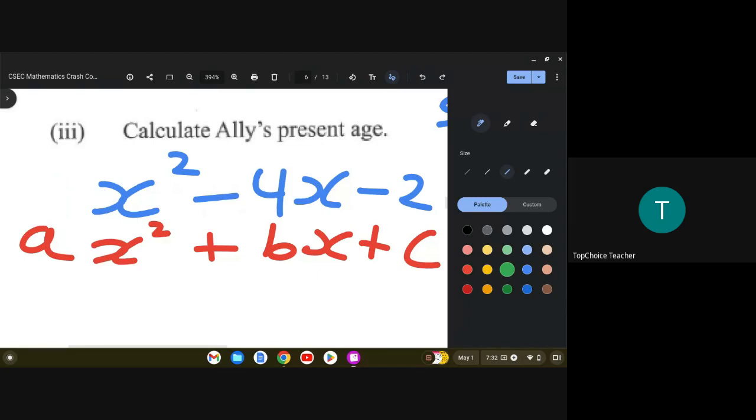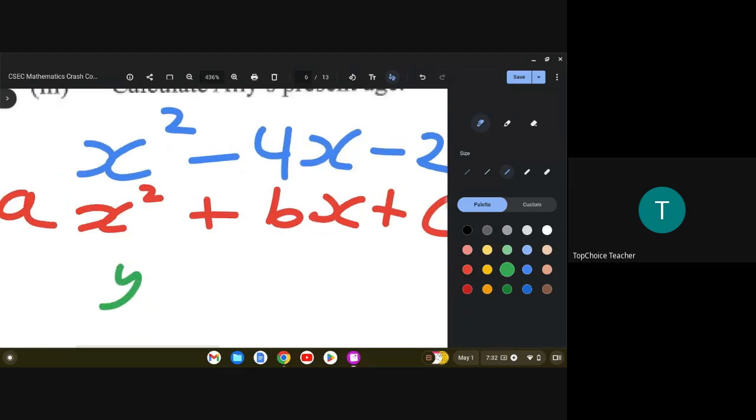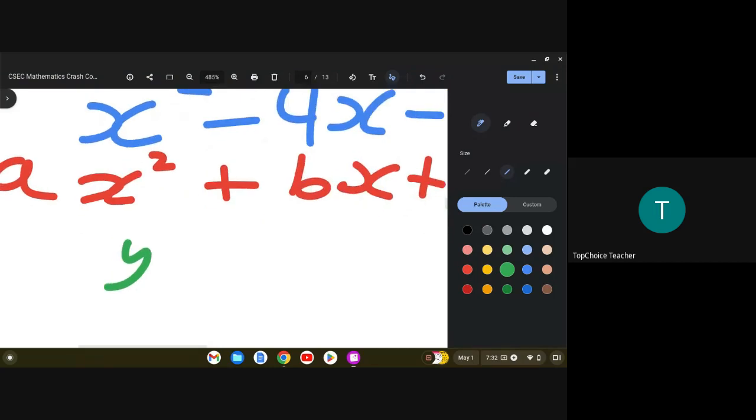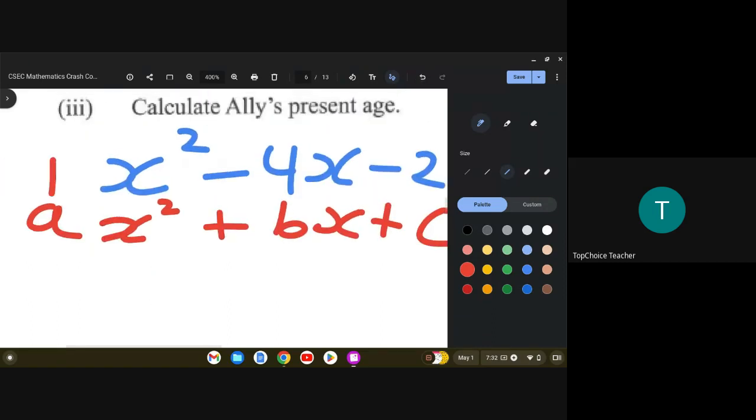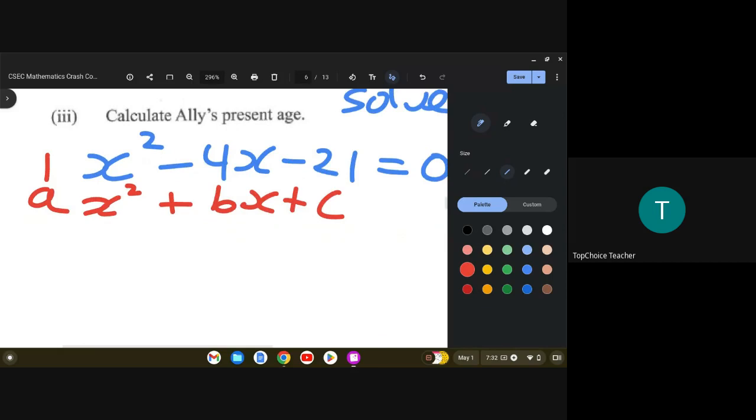In algebra, if you have a letter like y, there's always a 1 in front of it and a power of 1. 1y to the power of 1 is just y. Those are simple things I want you to remember about algebra. So there's going to be a 1 in front of that x squared.